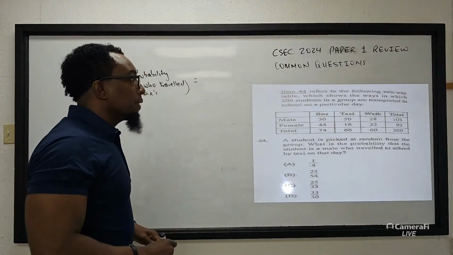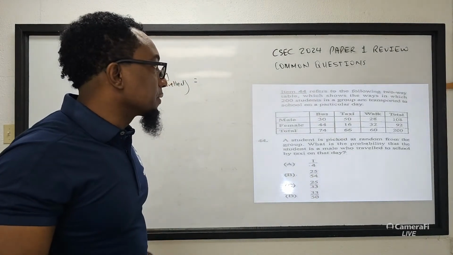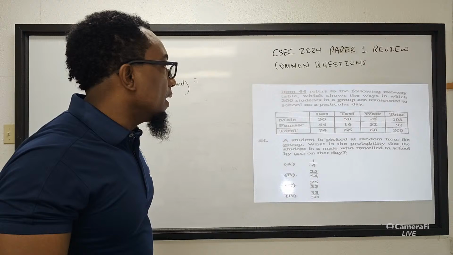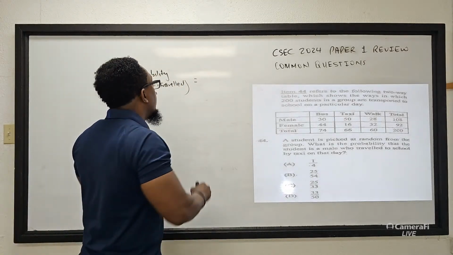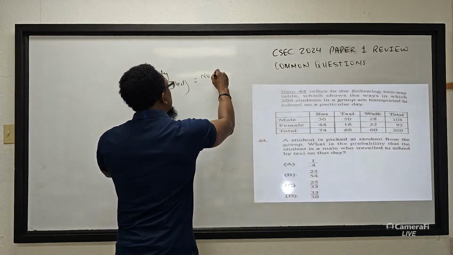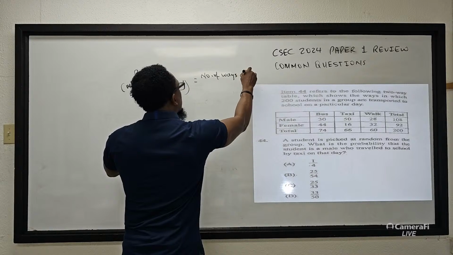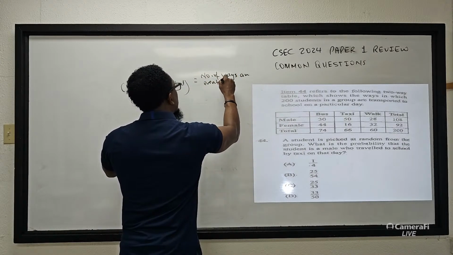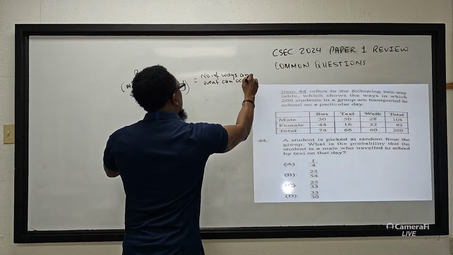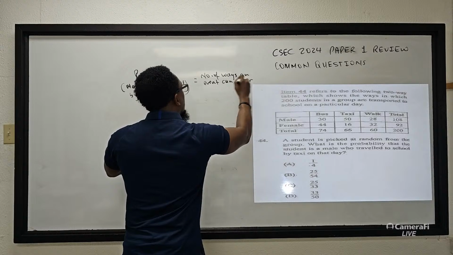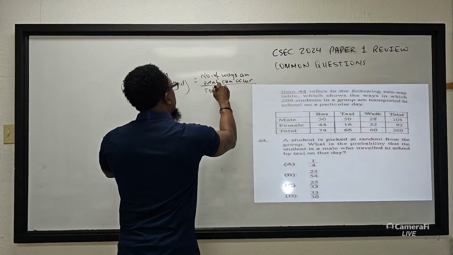Remember, what's probability? Probability is the number of ways in which an event can occur over the total number of possible ways.